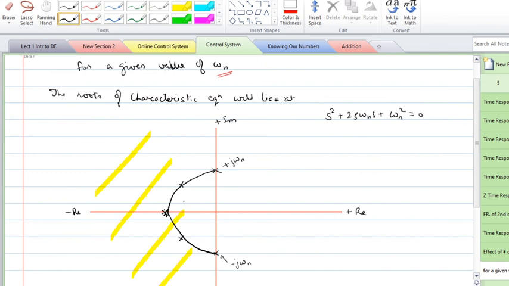And if zeta is greater than 1, then one root moves this way and one root moves this way.